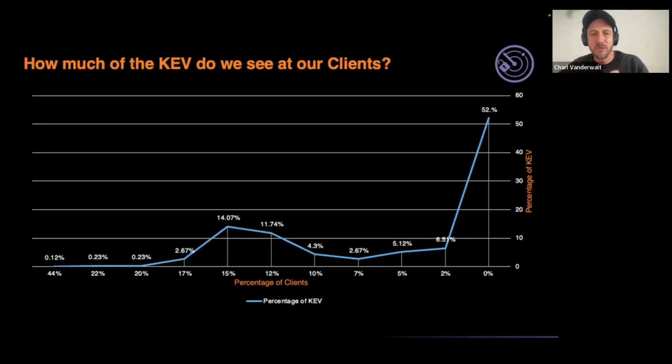And for some reason, those clusters of vulnerabilities have just persisted at about a quarter of our customers and have never been addressed for years and years and years. And then you just get this long tail where almost half of our customers have got a handful of vulnerabilities in the KEV. I think it just raises some fascinating questions.